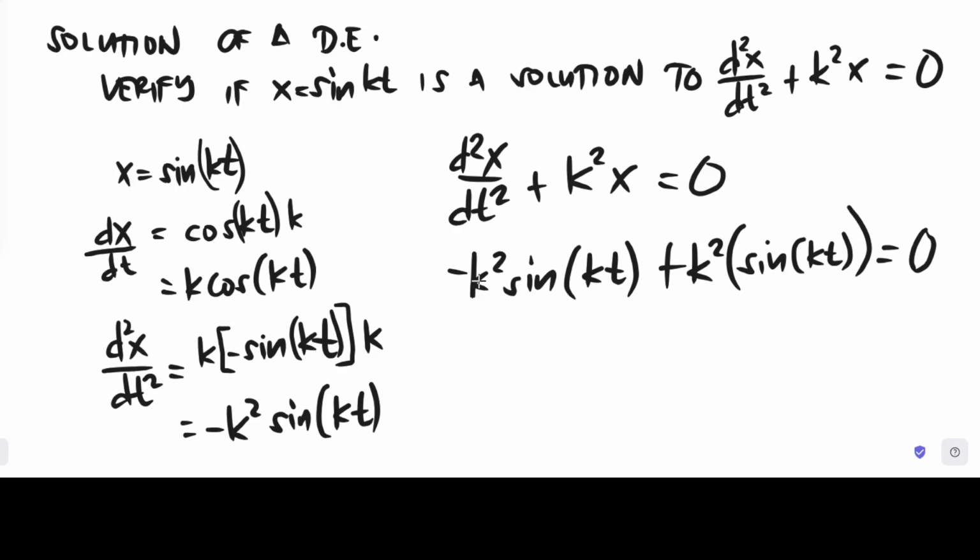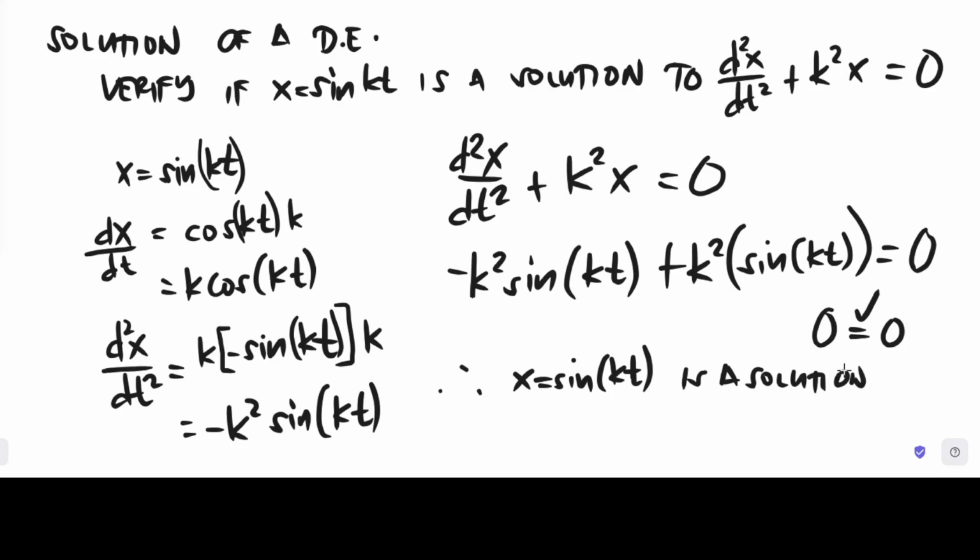So negative k squared sine of kt, positive k squared sine of kt, this will cancel out. So we will have 0 equals 0. The equation is balanced. Therefore, x equals sine of kt is a solution.